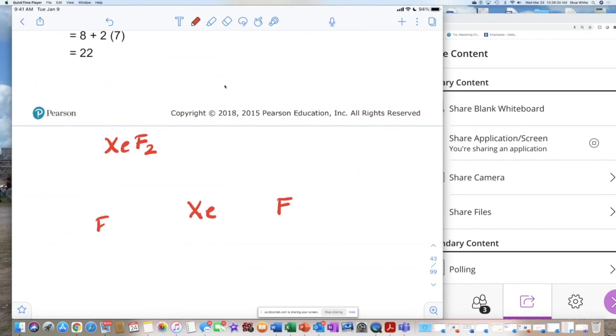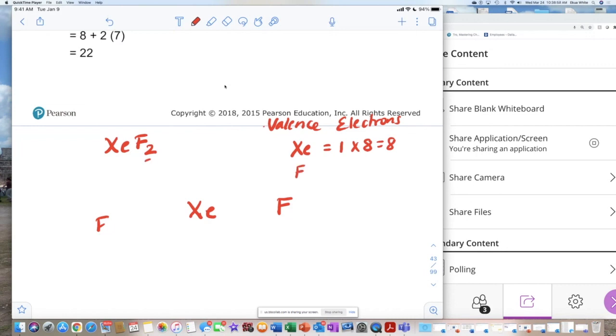What's our total valence electrons? I have xenon in the middle. This is going to be what group? 8. Okay, we have one xenon, and that's in group 8, so we have 8 of these.